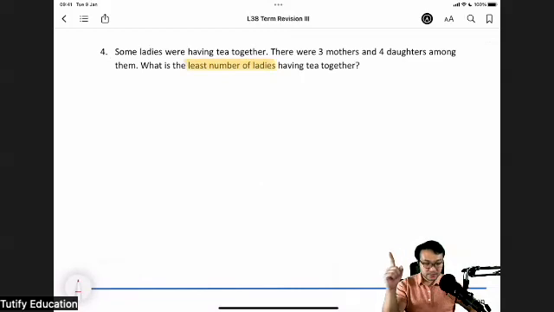But you still must have 3 mothers and 4 daughters. Let me tell you right now that the answer is not 7. It is less than 7. It is possible to have less than 7 people, and yet you have 3 mothers and 4 daughters present.